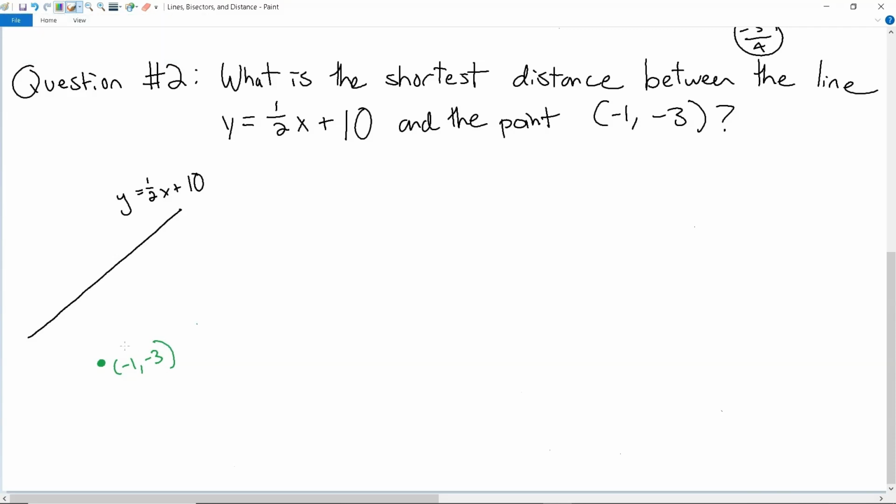Okay, so the goal is to figure out what the shortest distance between this point here and our line is.